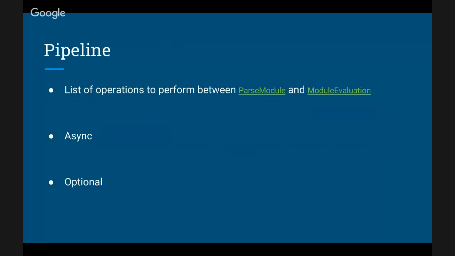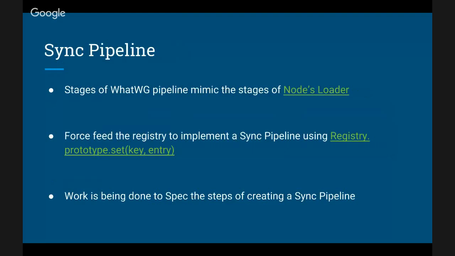Without causing any problems. And so to do that, we actually have to implement a synchronous pipeline. This isn't spec'd out in the WhatWG loader, but we created an issue on their issue tracker and ensured that there would be compatibility so we can do this without needing to use promises or the microtask queue.